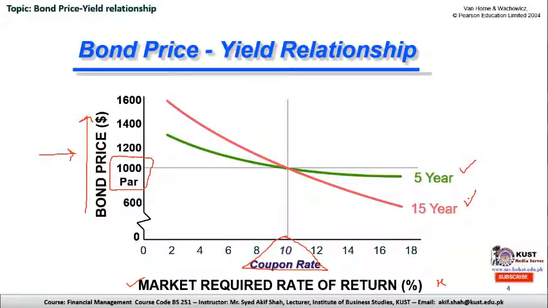Similarly, we have another risky investment or bond opportunity to invest our money in. Its maturity is 15 years with the same coupon rate, which is 10%, and its par value is once again the same as the 5-year maturity bond.